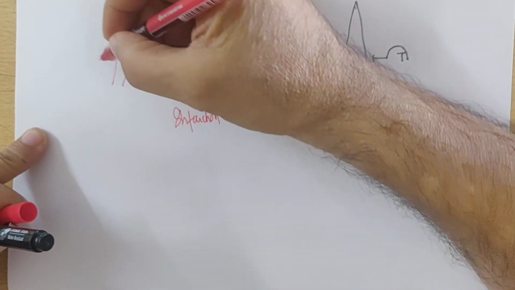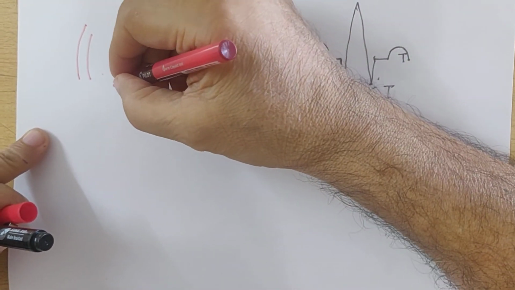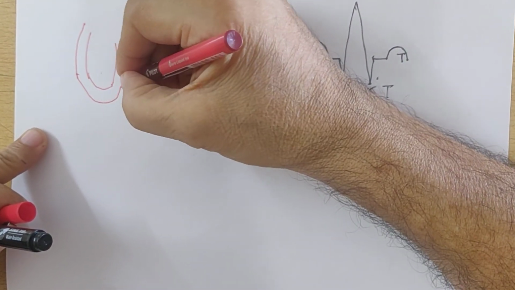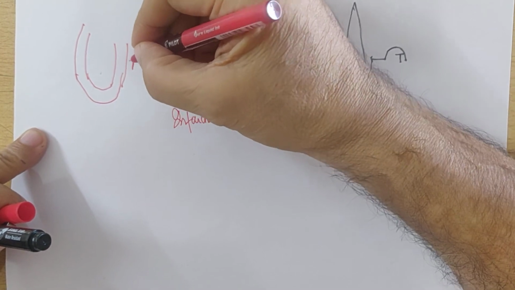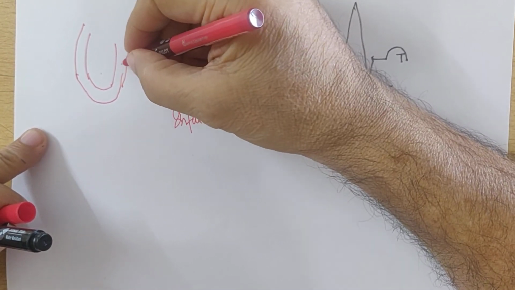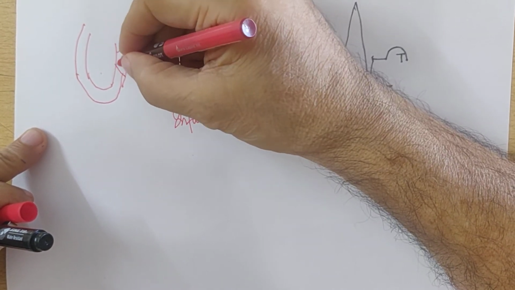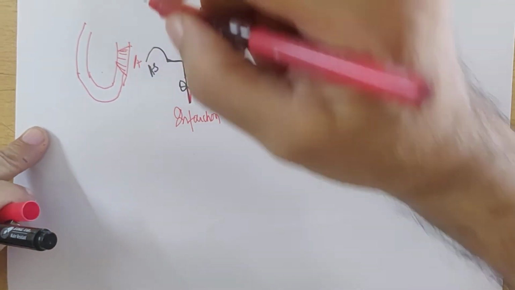Supposing this is the proximal wall, this is the distal wall of the heart, and your lead is here, and you have a deep Q wave on this lead, then it signifies an infarction of the proximal wall here.